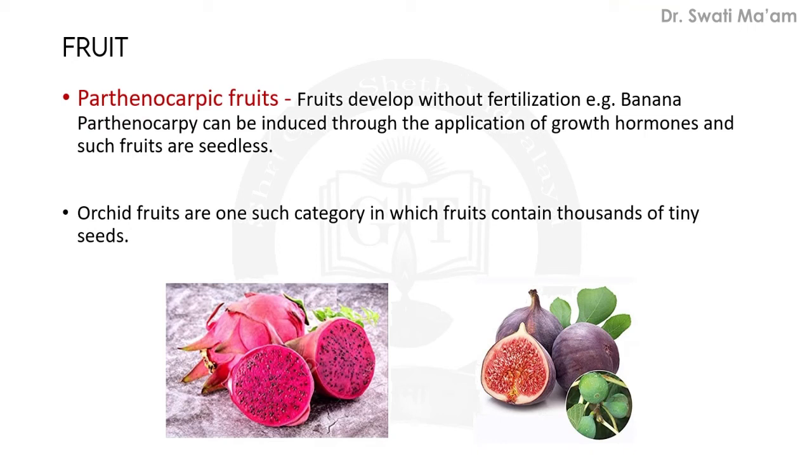Now, another exceptional example of fruit. Here the term given is parthenocarpic fruit. Actually, the process is known as parthenocarpy. What do you mean by parthenocarpy? Let us see. Parthenocarpy can be defined as the process induced through the application of growth hormones, and the fruits which develop are seedless.